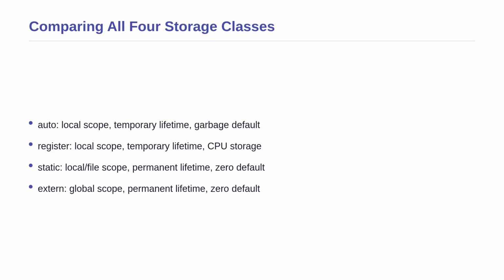The static class provides a permanent lifetime and a safe 0 default, whether used locally for permanent memory or globally for file privacy. Finally, the extern class provides true global scope across multiple files, also guaranteeing a safe 0 default. Visualizing these properties makes it easy to choose the right tool for your data.